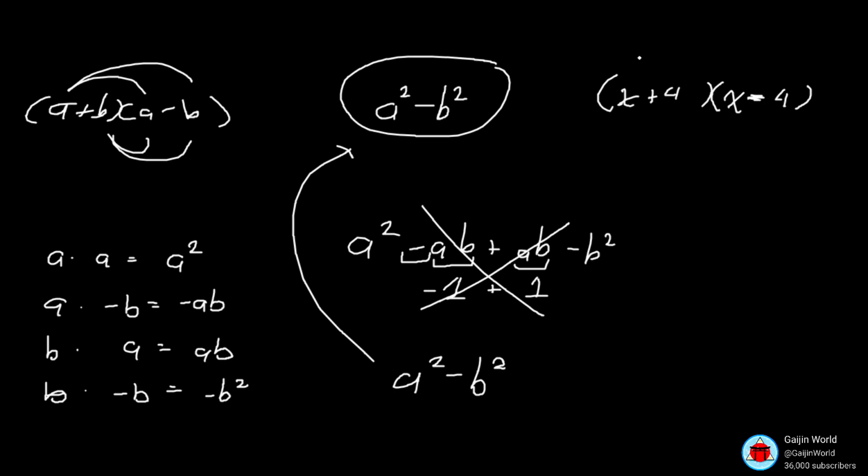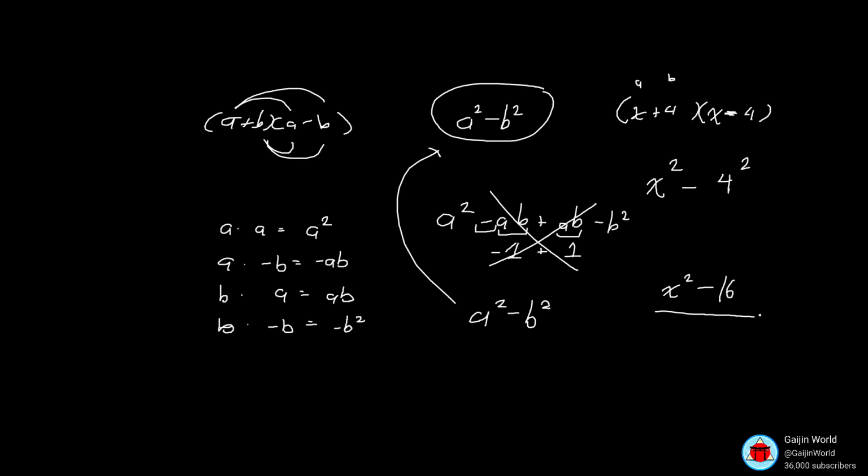Let's say this is A and this is B. So let's try it: x squared minus 4 squared. So you do that, and the answer is 16. And that's how to get that one.